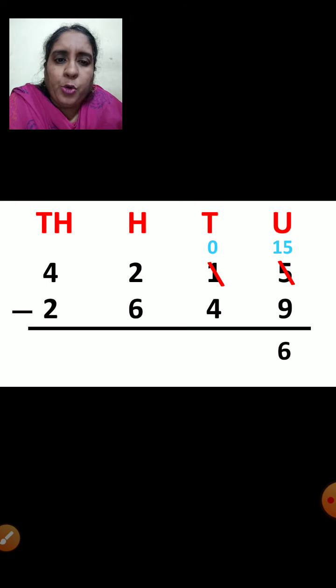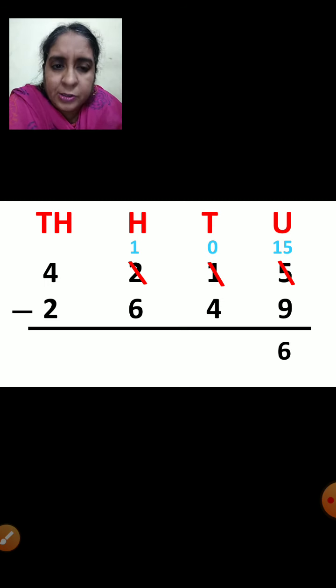Now we will go to the tens place. Now see the tens place number. You cannot subtract 4 from 0, right? So what will you do? You will go to the hundreds place. You have to borrow from the hundreds place. So you will cut 2. What will be there in the hundreds place now? What will remain left? 1. And you will go to the tens place.